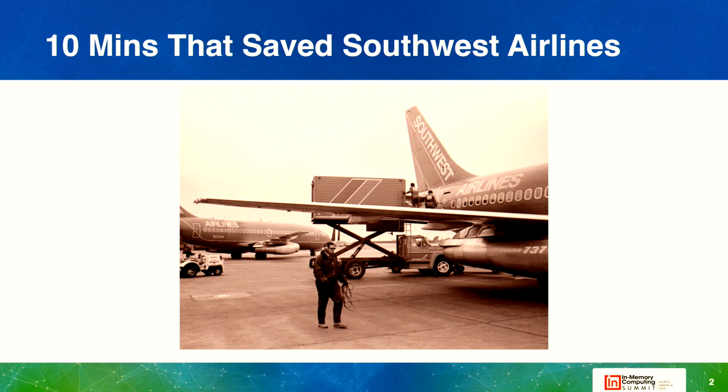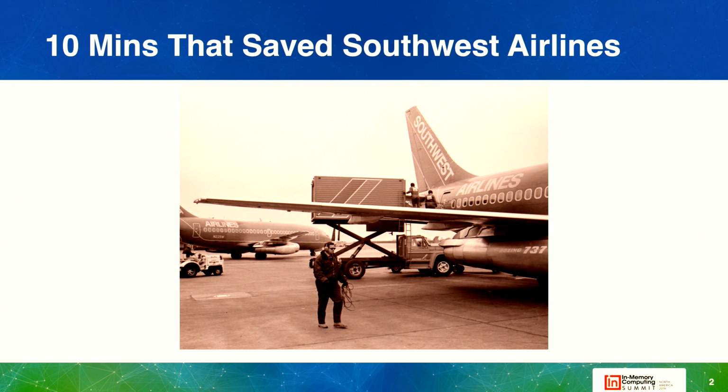And the something else was, they looked at the way their whole business works, and they found one place where they were able to optimize their performance. They reduced the so-called turnover time of an airplane from 1 hour to 10 minutes.